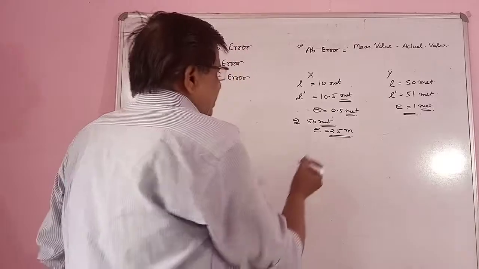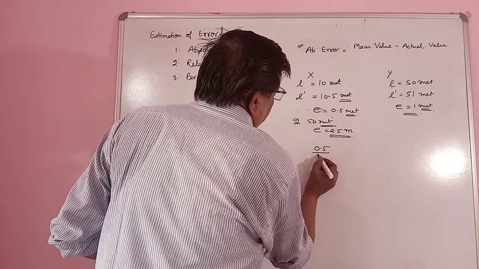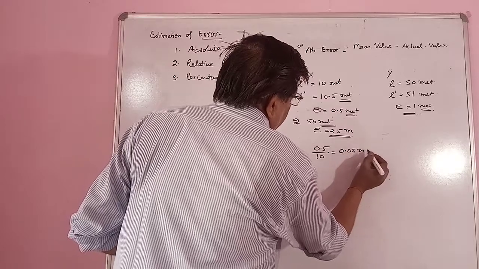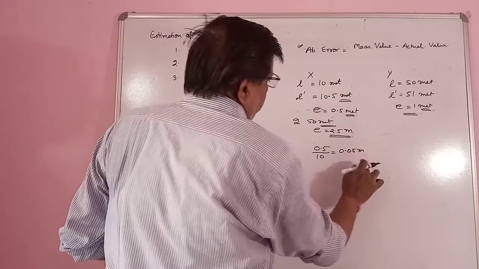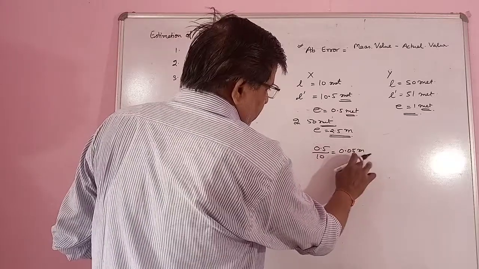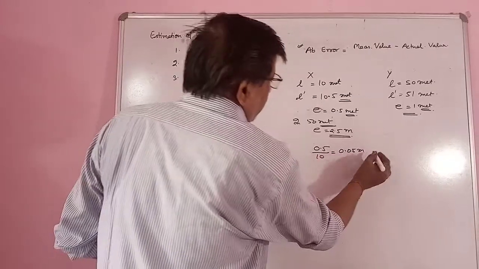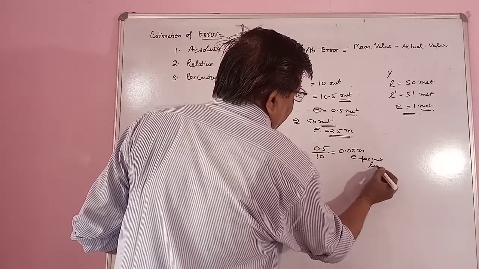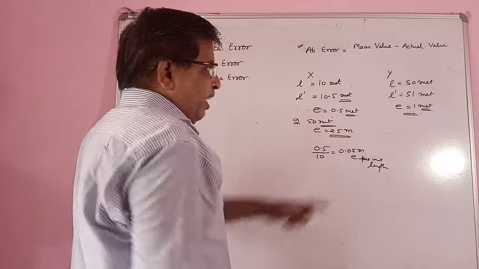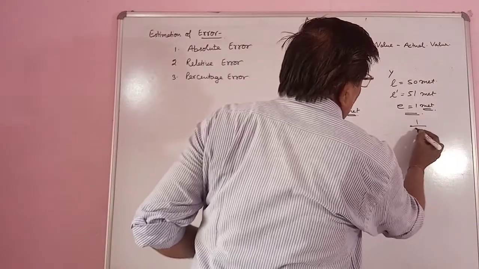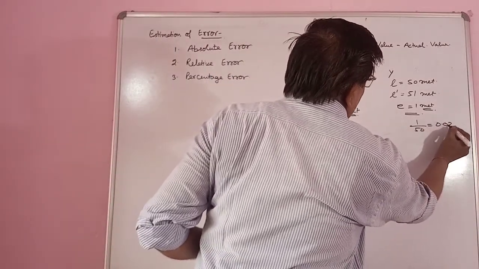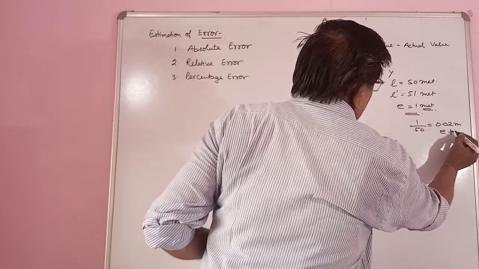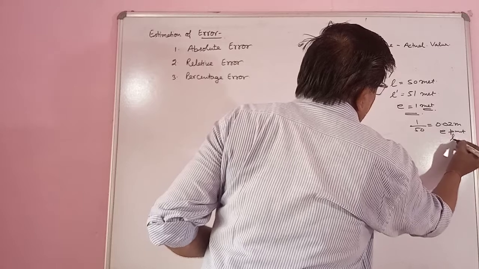If we take 0.5 upon 10, this is 0.05 meter error per unit length. Here 1 upon 50 is 0.02 meter error per unit length.